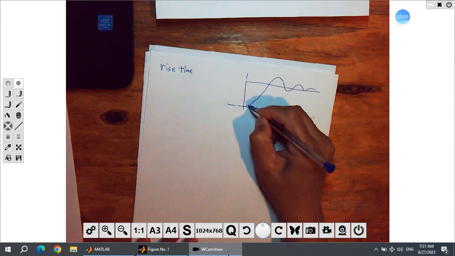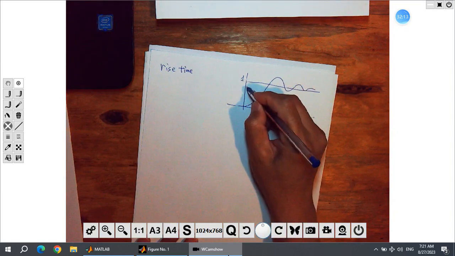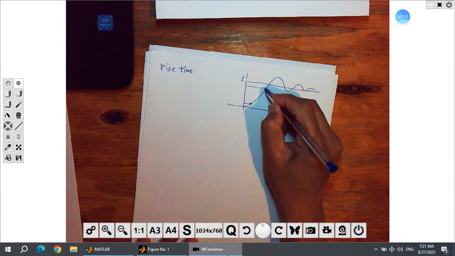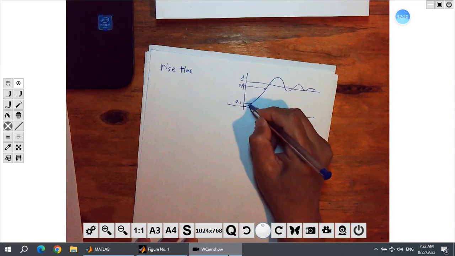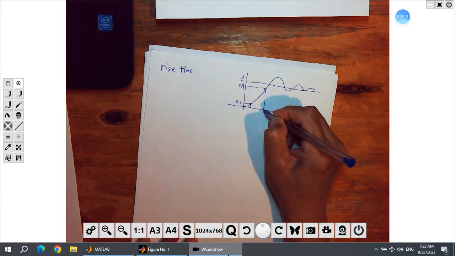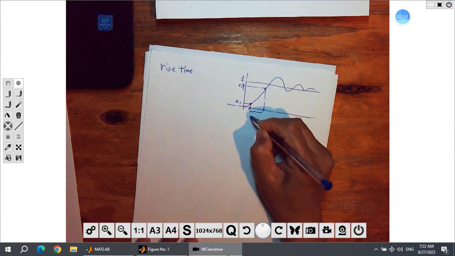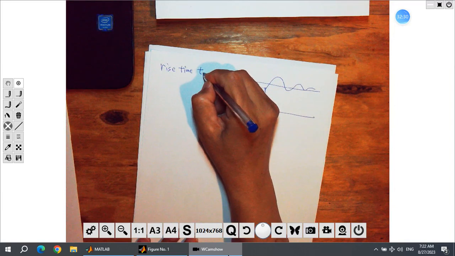So it starts from 0, finally reaches 1. So here we give two locations. Here's 0.1, here's 0.9, and we have two times. The time between these two, we call TR, the rise time.